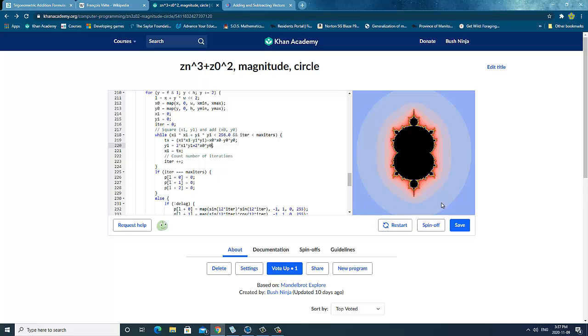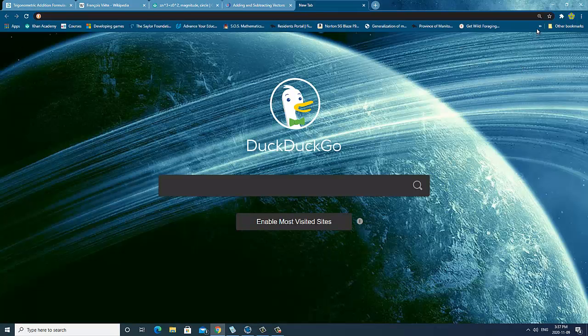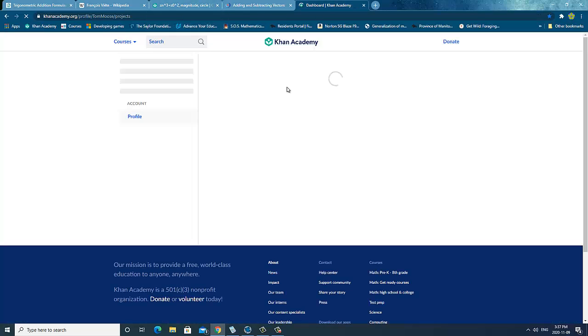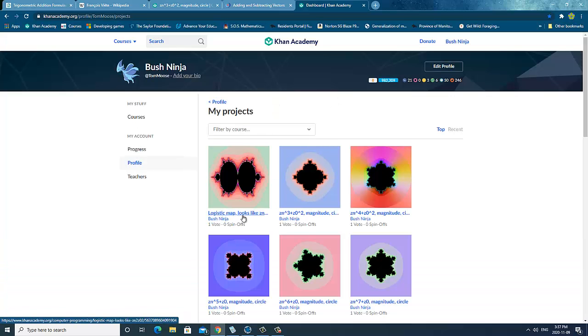And this here looks exactly like the logistic map.